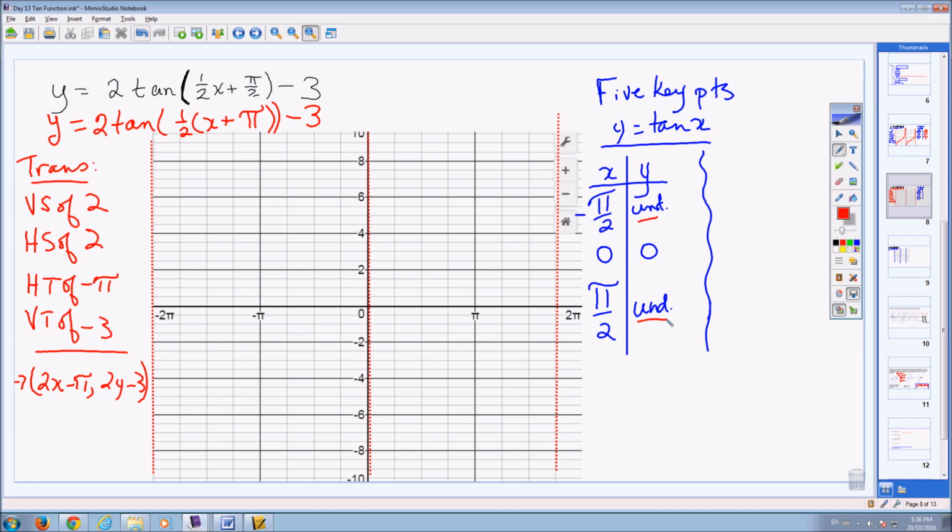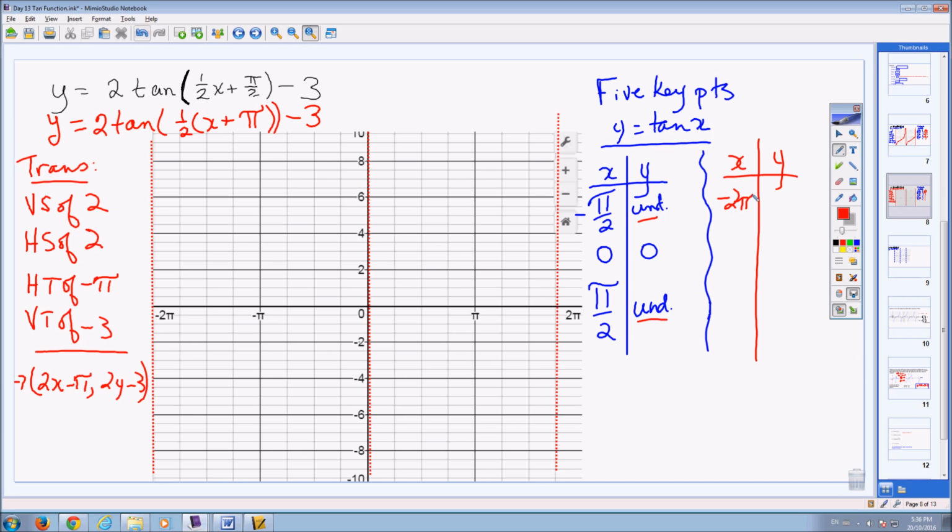So looking at our mapping rule and coming up with where our new asymptotes and our new inflection point will be, we have 2 times x minus pi. So 2 times a negative pi over 2 gives me a new x value of, the 2's are going to cancel, negative pi minus pi, so negative 2 pi.